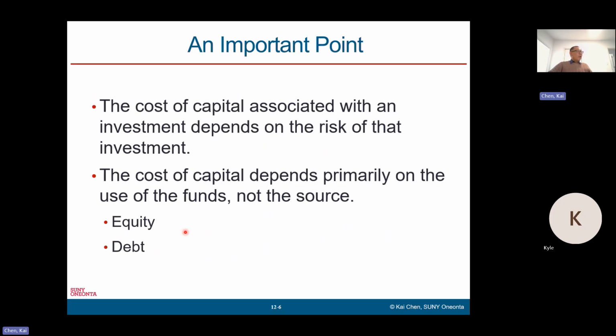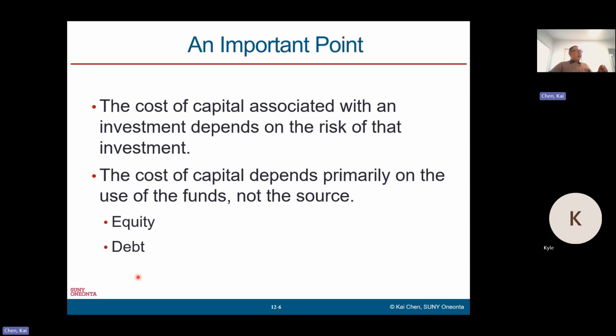Also the cost of capital depends primarily on the use of the funds, not the sources. If some dollars are used as equity, then we determine the cost of equity based on the risk of equity.